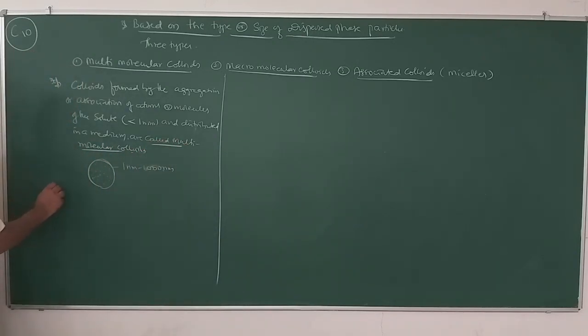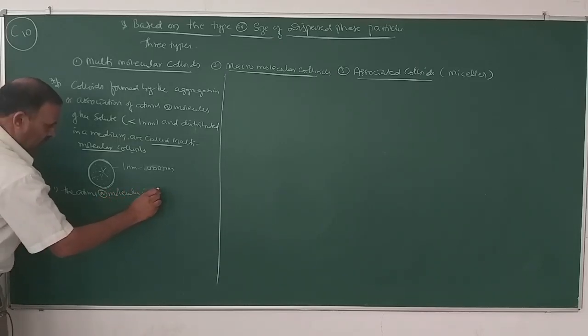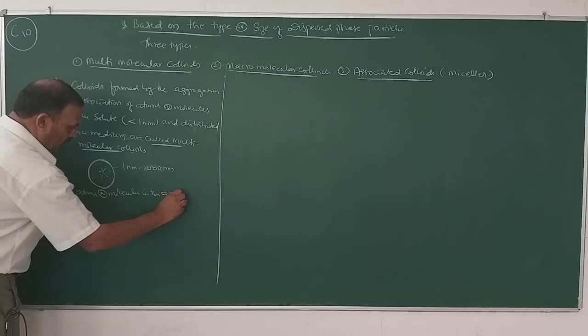So, in multimolecular colloids, the atoms or molecules in the aggregates are held by weak van der Waals forces. This is a colloidal particle. It is made up of a large number of atoms and molecules which are held by very weak van der Waals forces.